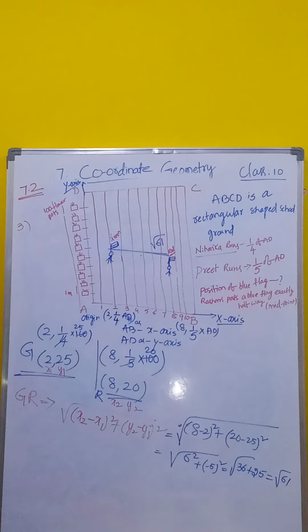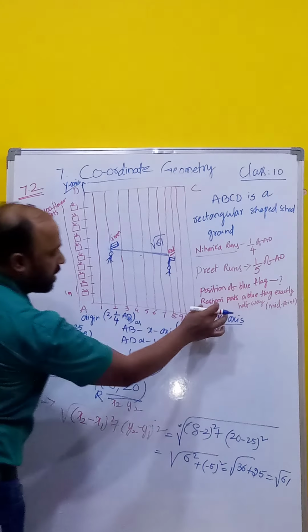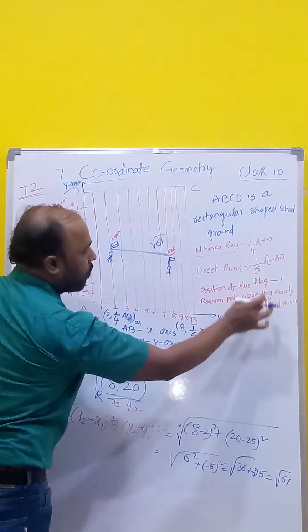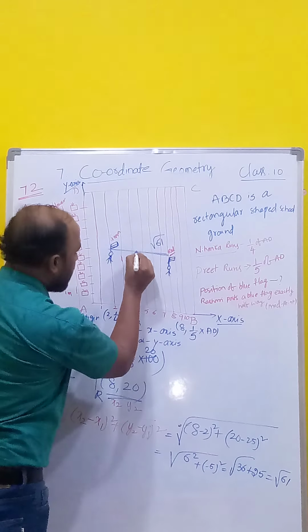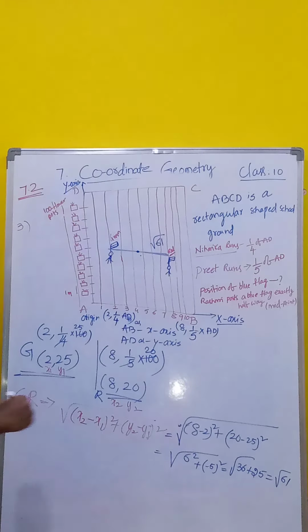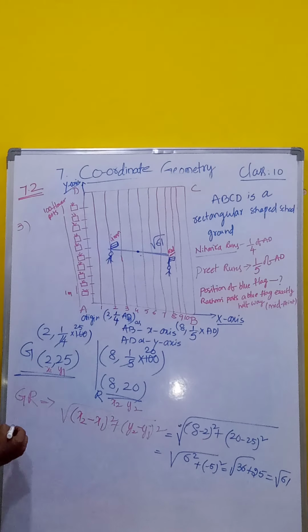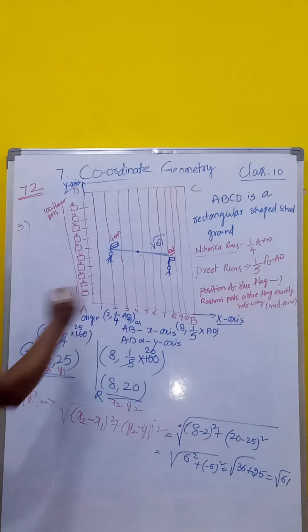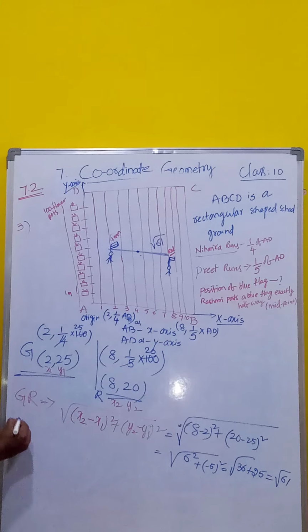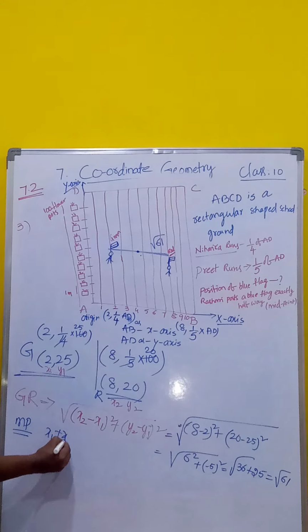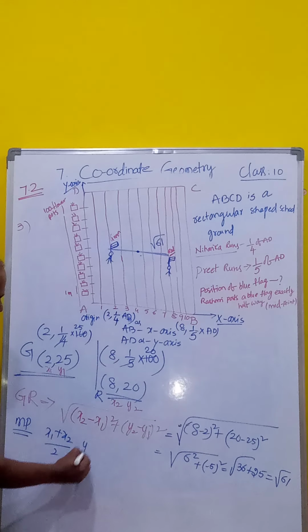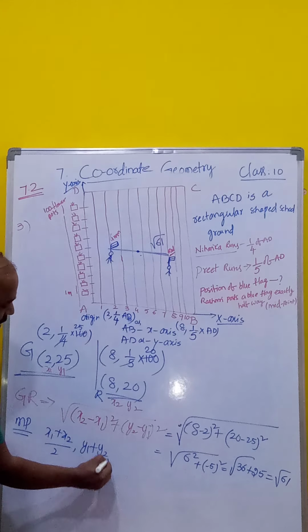Now, what do we have to find again? Using this condition, Rashmi posts a blue flag exactly halfway. Halfway is nothing but the midpoint. We know the midpoint formula. What is the midpoint of two points? Any two points: x1 plus x2 by 2 comma y1 plus y2 by 2.